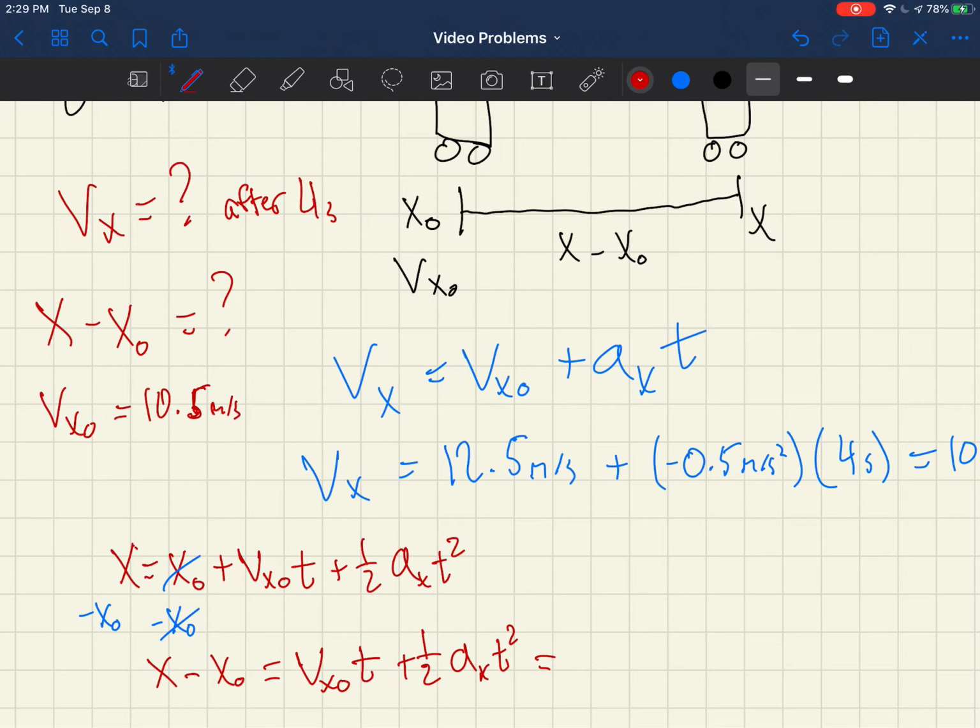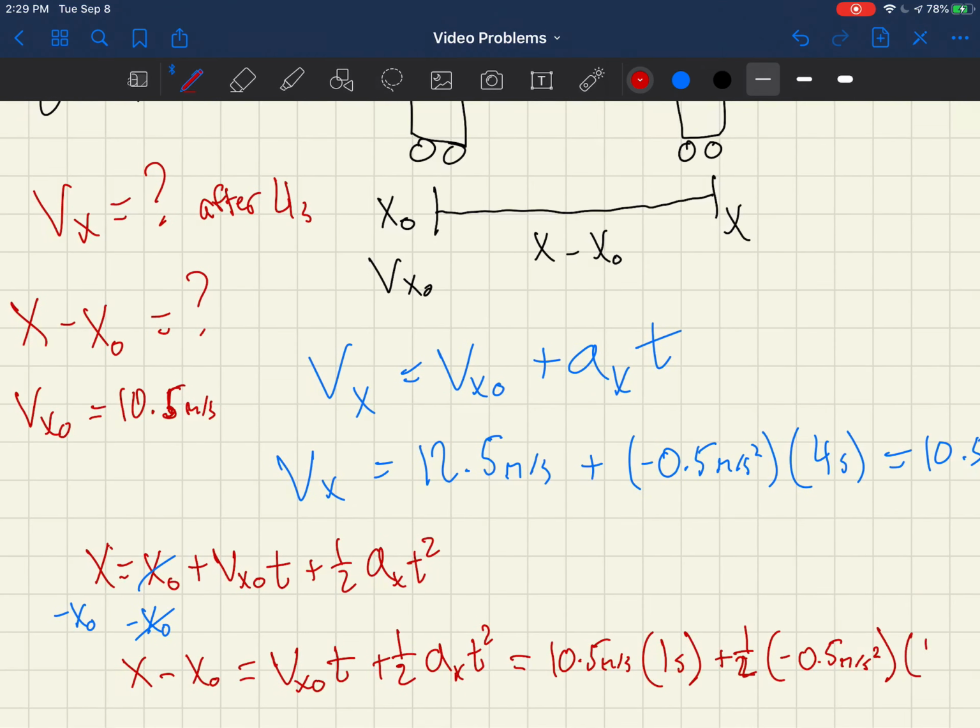Okay, I'm just going to plug in my numbers. I know my Vx naught now is 10.5 meters per second because that's how fast it's moving at the 4 second mark, times it's only going to travel 1 second from 4 seconds to 5 seconds. And then we have still decelerating or slowing down at 0.5 meters per second squared. And it's just 1 second again squared. So I'm just going to plug that in and I'll get the final answer.